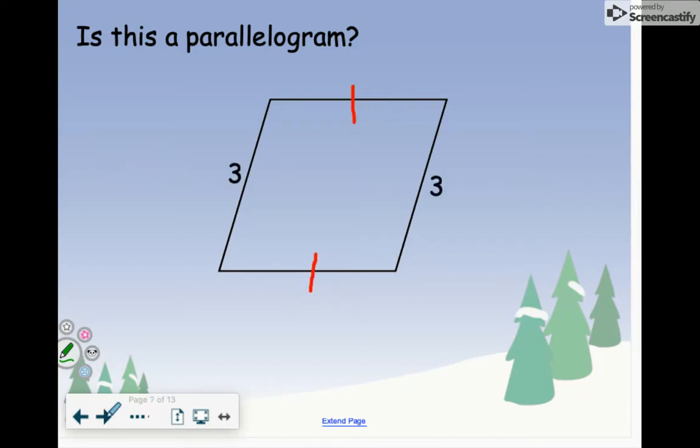Now looking here, again, we look and go, okay, well, opposite sides are congruent, right? Those ones are, and then these ones are as well, right? So we have both pairs of opposite sides congruent. So yes, this is a parallelogram.